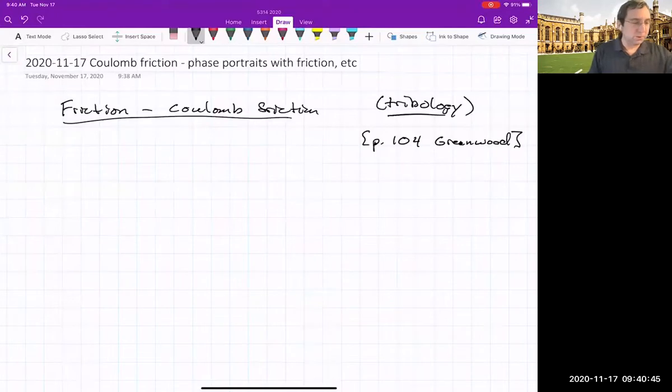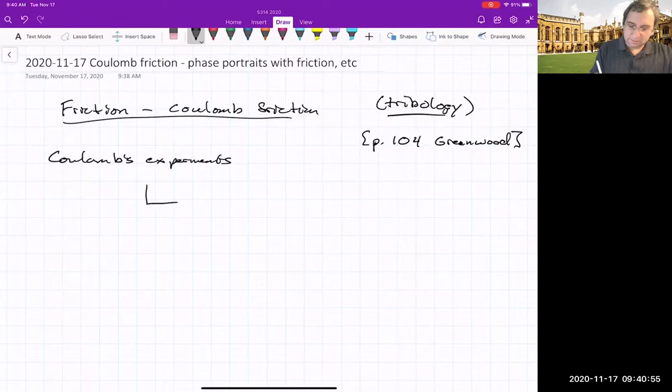So what did Coulomb do for his experiments? He was pulling on masses. So here's this mass on a flat surface, but we'll put, right, the mechanism of friction has to do with that interaction with the surface.